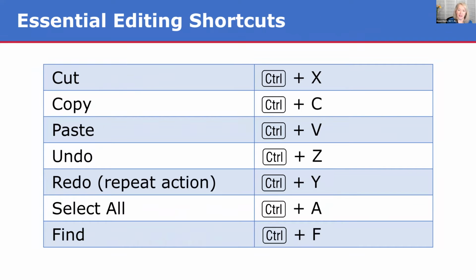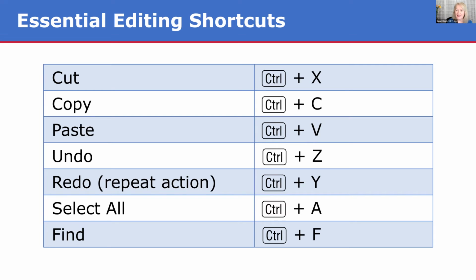Now, editing shortcuts, and keeping in mind these apply not only in our Microsoft Office applications, but in many other Microsoft applications, as well as other Windows programs. So although I don't suggest that you need to memorize all of these, you might have some cheat sheets for these, but some of the ones that you should know or start to commit to memory: cut, copy, paste, and undo.